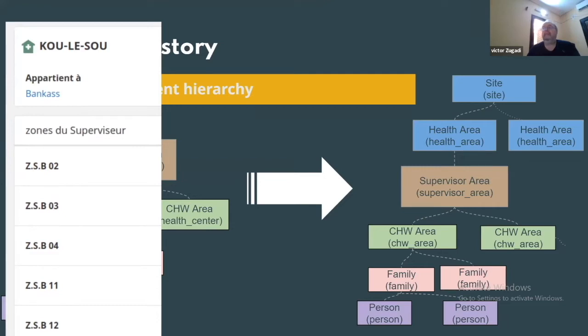Sometimes the cases found by these community health workers are serious enough that they need to refer the patient to the health center. Once in the health center, we are out of the area of action of the CHT.